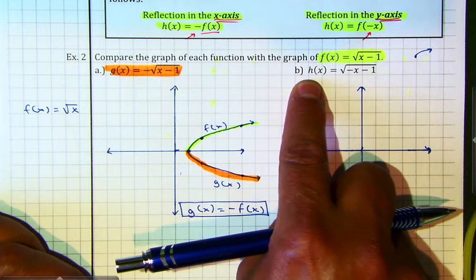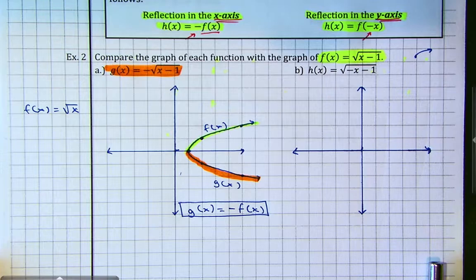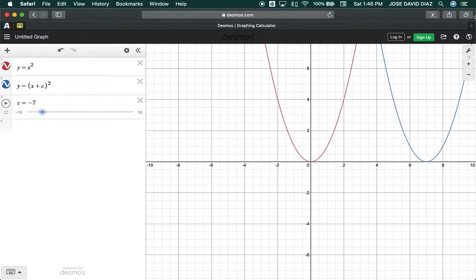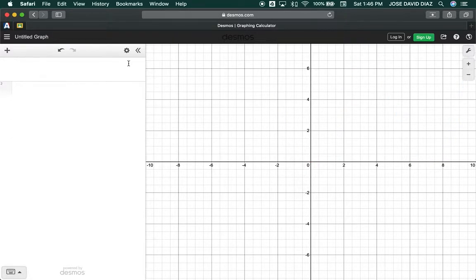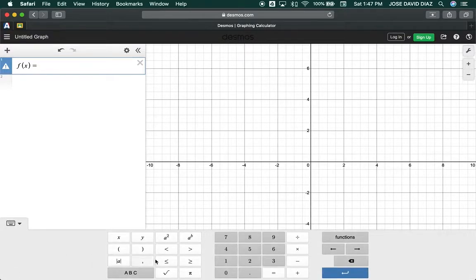And if we go into decimals and we just type in the parent, the f of x function. To type in square root, you can click on the little keyboard and the square root is here.